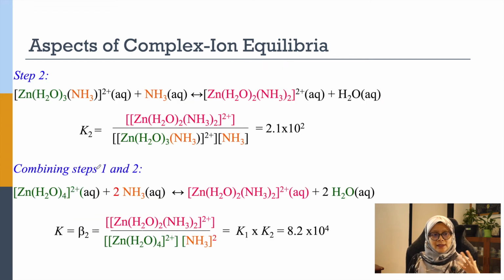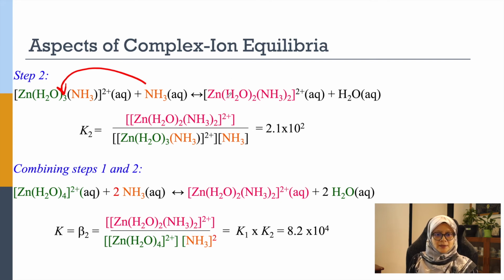Let's say we have another displacement with an additional NH3. We have the 3 H2O, and then one NH3, ammonia, here. This one will start to displace one of the H2O.